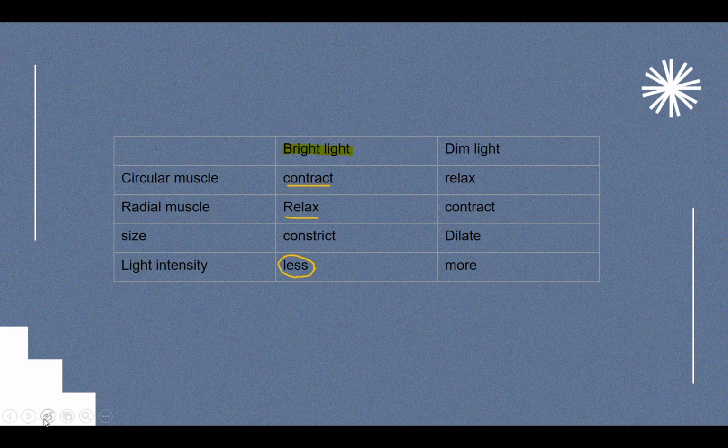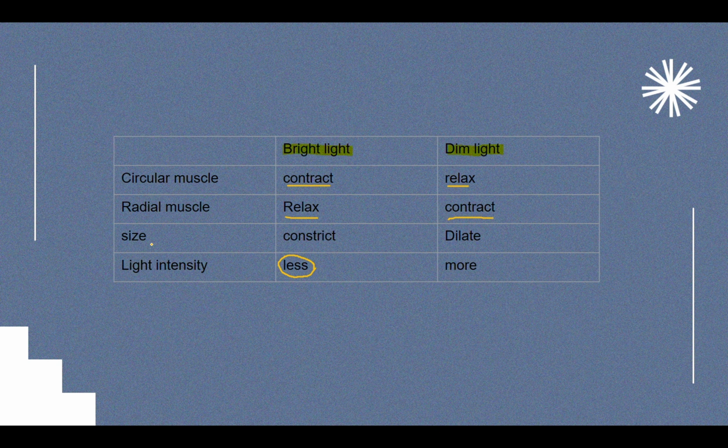Now, talking about the dim light, it would cause the circular muscle to relax, the opposite of the bright light. It would relax, and the radial muscle eventually will contract, and the size of the pupil will dilate, it will become bigger.